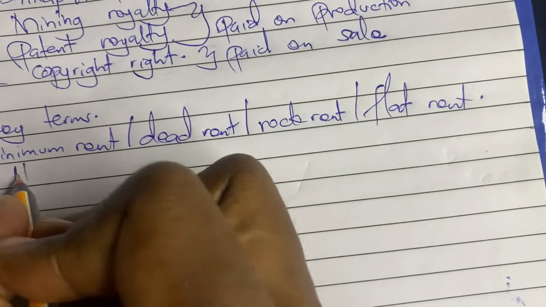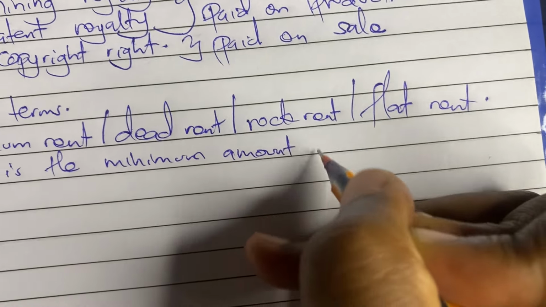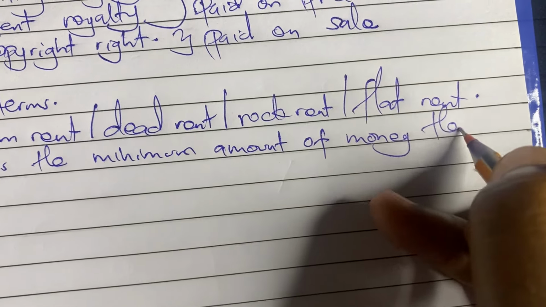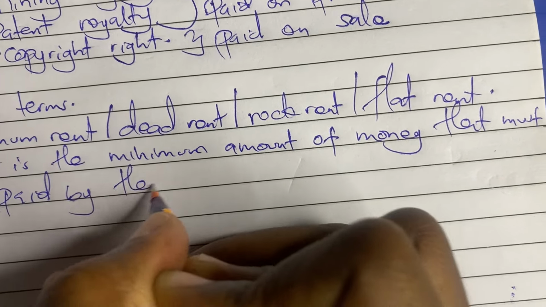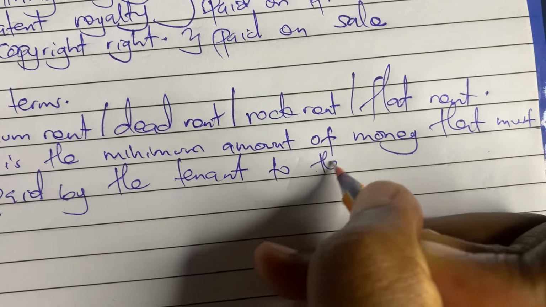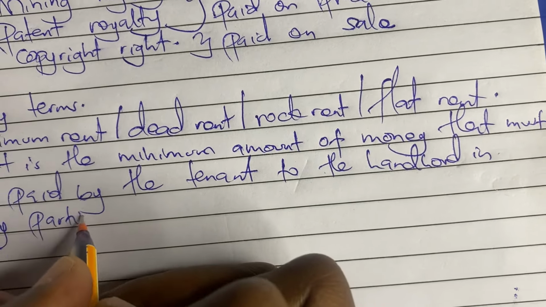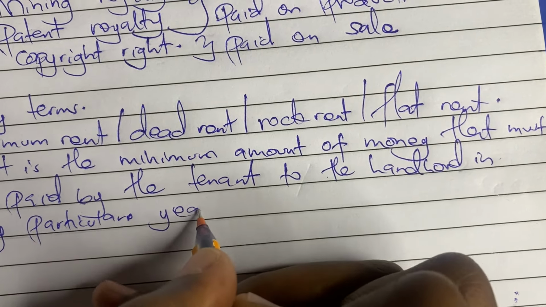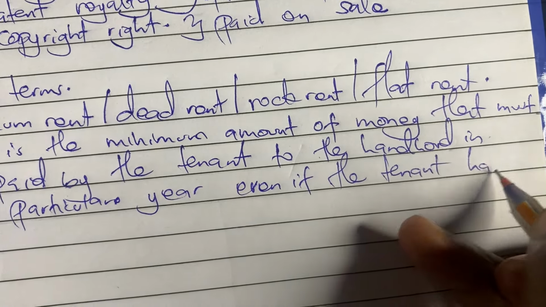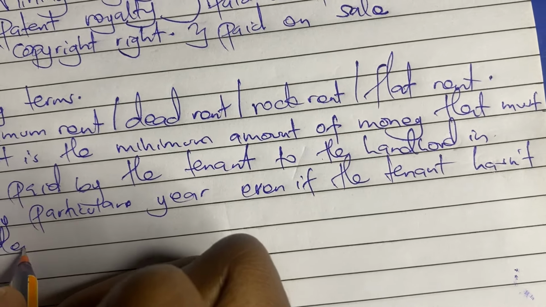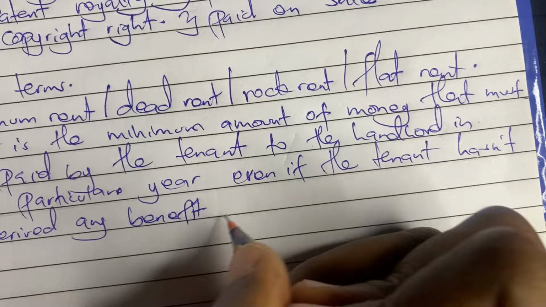So minimum rent is the minimum amount of money that must be paid by the tenant to the landlord in any particular year, even if the tenant hasn't derived any benefit from the asset.